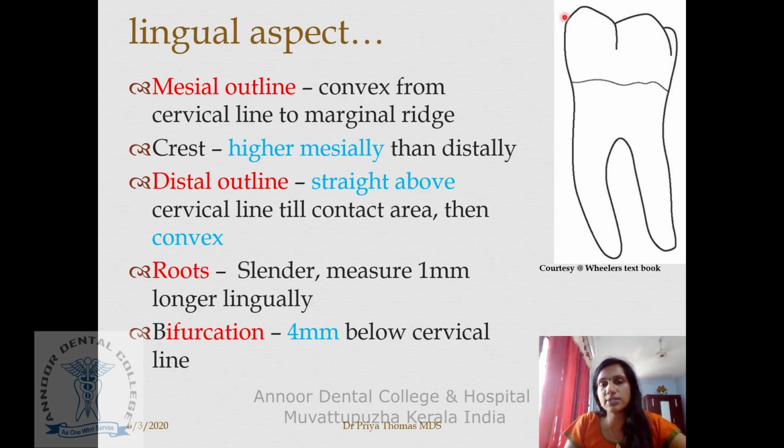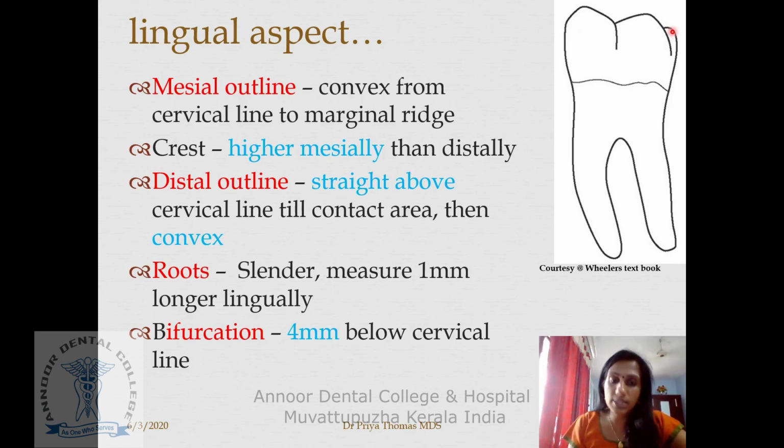The maximum crest of curvature is placed at a higher level when you compare it with your distal outline. The tooth is tilting towards the distal aspect, so obviously this contact area is going to be placed at a higher level than your distal portion.